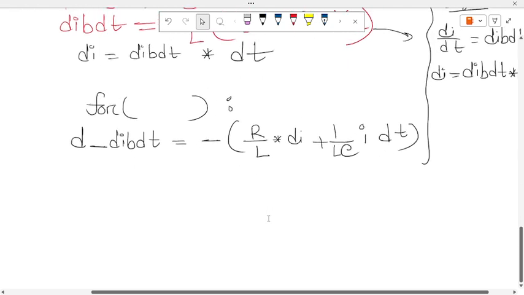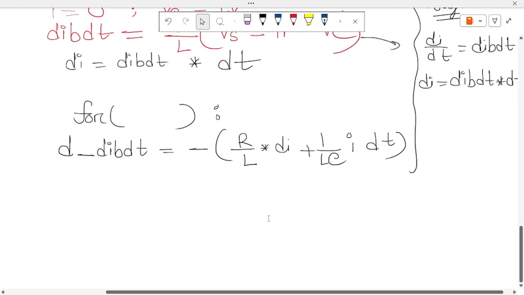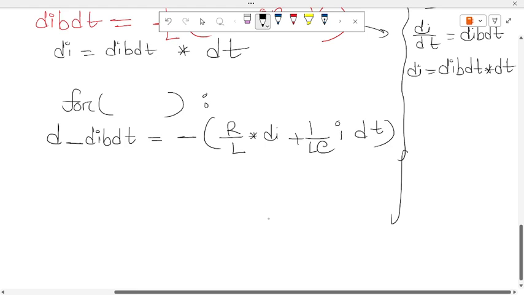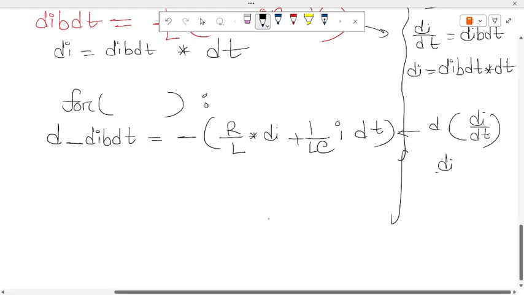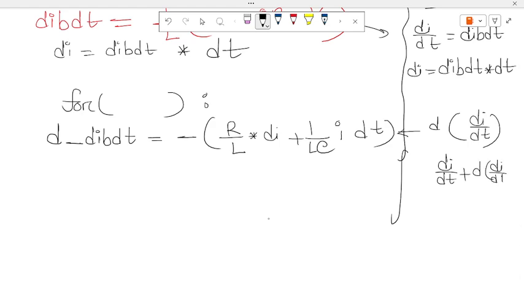So now what I will do, it is the small change in di by dt. That means we will find a new di by dt, right? So initially this was di by dt, and after a small change I will find a new di by dt.